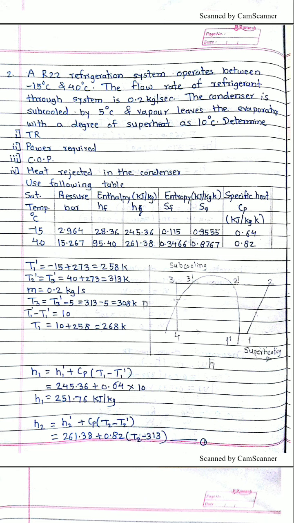Similarly, the degree of superheat is given: T1 minus T1 dash is equal to 10 degrees Celsius, and T1 dash is minus 15 degrees Celsius. So T1 is equal to 10 plus 258, which is 268 Kelvin. Hope you have understood these points.